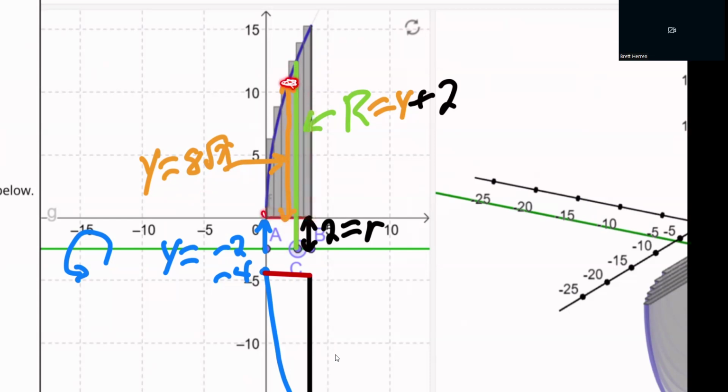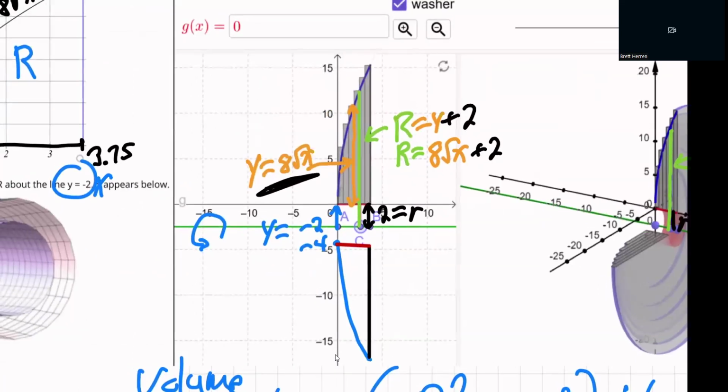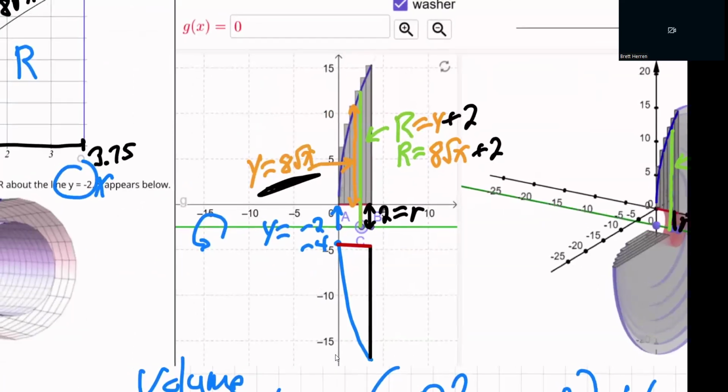So the outer radius is the y value from the axis plus 2. So capital R is 8 root x plus 2, because y is 8 root x.